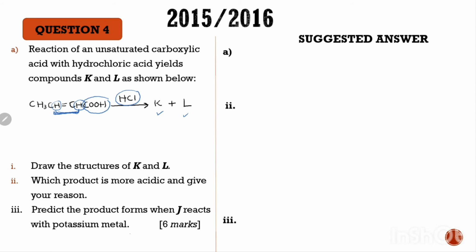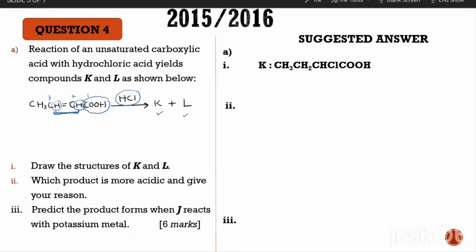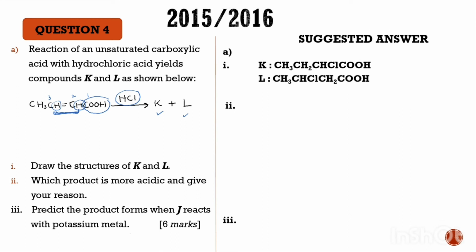So boleh jadi H is added to carbon number 2, dan boleh jadi juga H is added to carbon number 3. So kita akan dapat 2 produk. So lukislah untuk K and L. Okay, satu K tu kita tambah Cl pada carbon number 2.